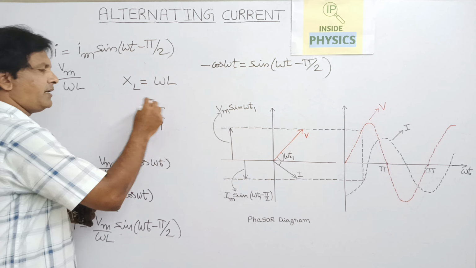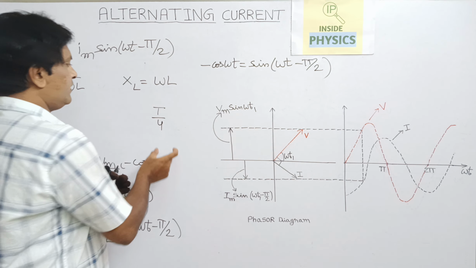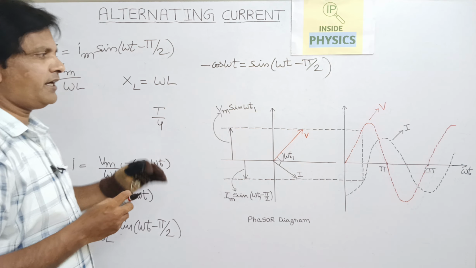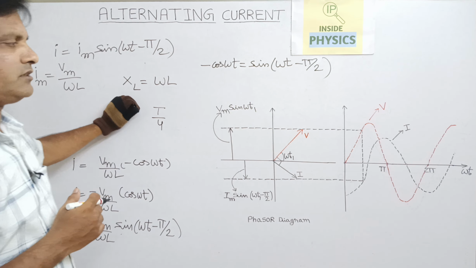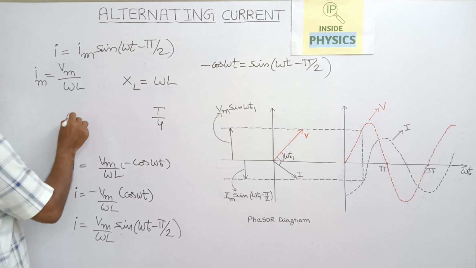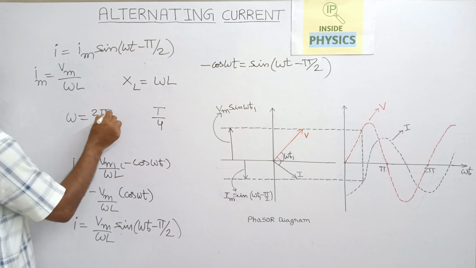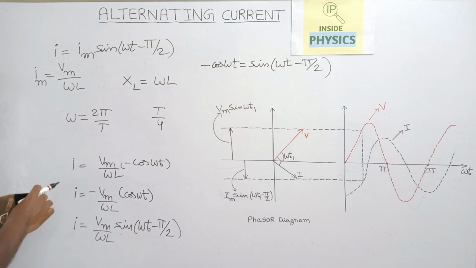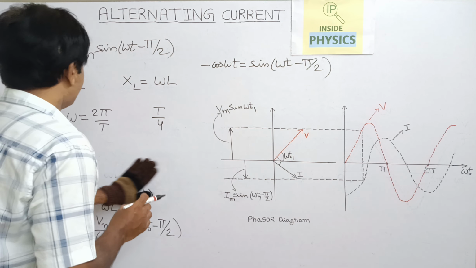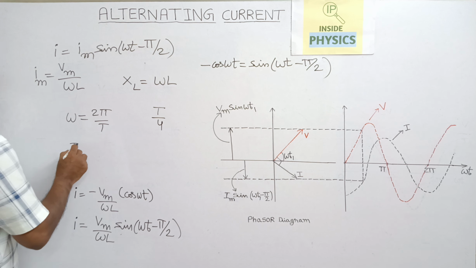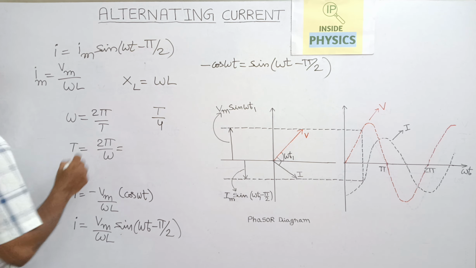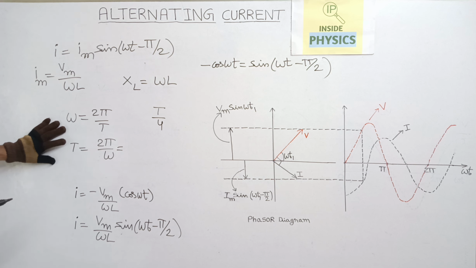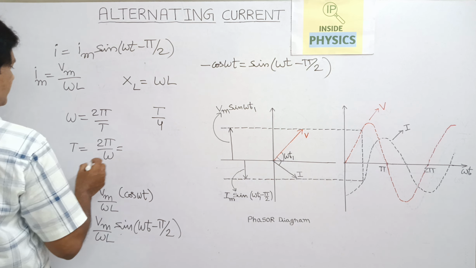If T is the time period, then T/4 is the time by which the current is lagging behind the voltage. We all know that omega = 2 pi / T, so T = 2 pi / omega. The current is lagging behind the voltage by T/4.